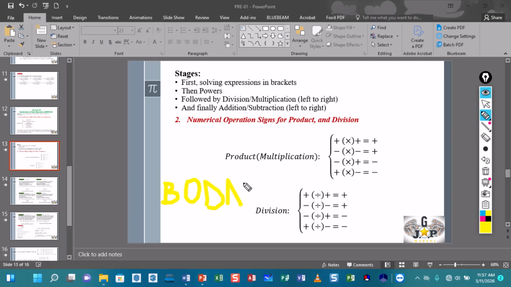You start by solving the bracket, which means the B here, which stands for brackets, and then powers, which stands for the O, or let's say exponent, square root, logarithm, any other function, then followed by division or multiplication.